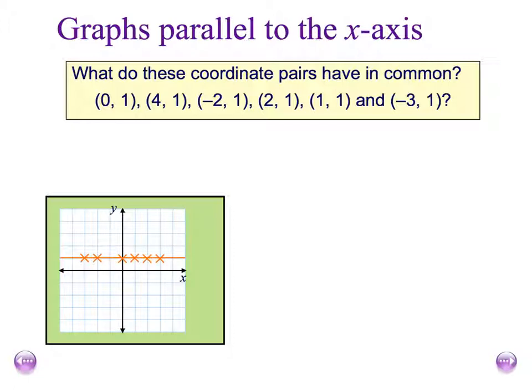And plotting the graph, we now have our horizontal line, y equals 1. Notice the horizontal line is parallel to the x-axis, and the x-axis is where y equals 0. This can seem quite confusing because the x-axis is where y equals 0 and the y-axis is where x equals 0.